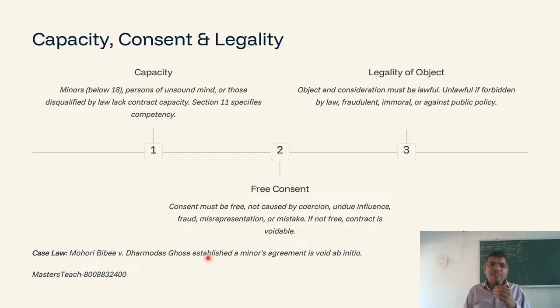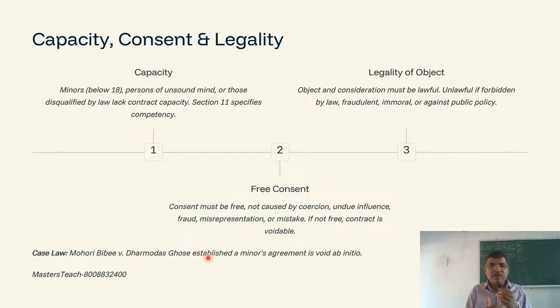We'll go to capacity and consent, legality. Capacity means the person who enters into the contract should not be a minor, that is, not below 18 years. They should not be of unsound mind, meaning mentally unfit. Those who are disqualified lack contractual capacity, and Section 11 specifies competence.